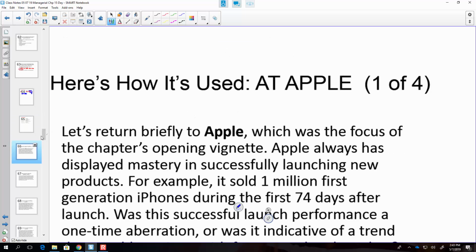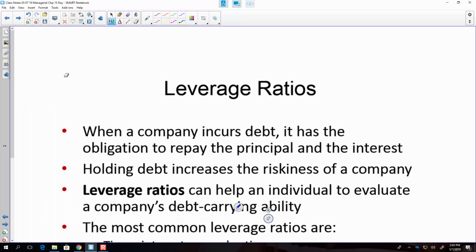What do we got next? Leverage ratios are next. Leverage ratios begin on page 853.